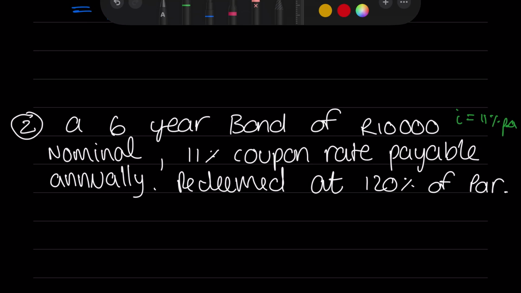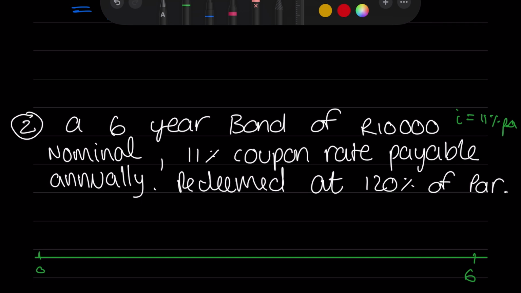So let's just do a timeline. It'll make a lot more sense. Here's a timeline. We have a term of, how long? 6 years. So at the end, this is a 6, such a 0, 1. So we're receiving a coupon rate payable annually. We'll assume it's in advance. It's usually in advance.